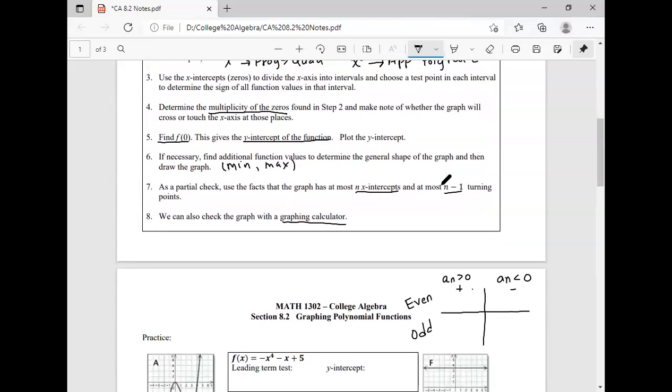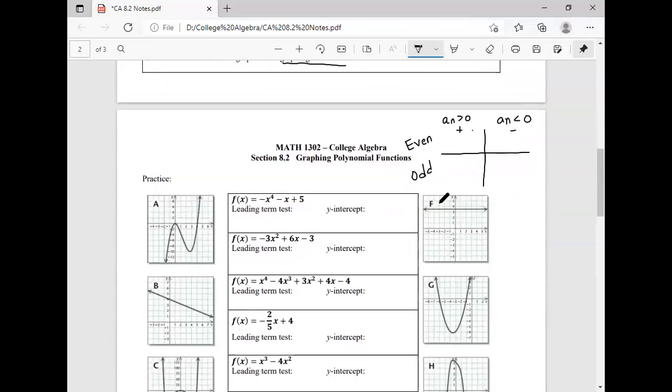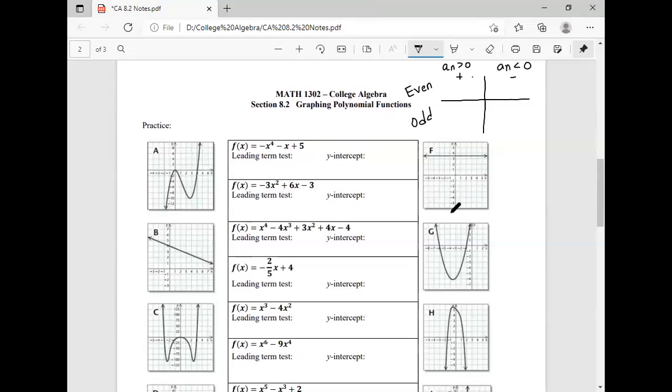So we talked about this on 8.1. But if you have a bunch of graphs and you've got equations, you can pick out which graph it is pretty quickly if you just do the leading term test and the y-intercept, okay?